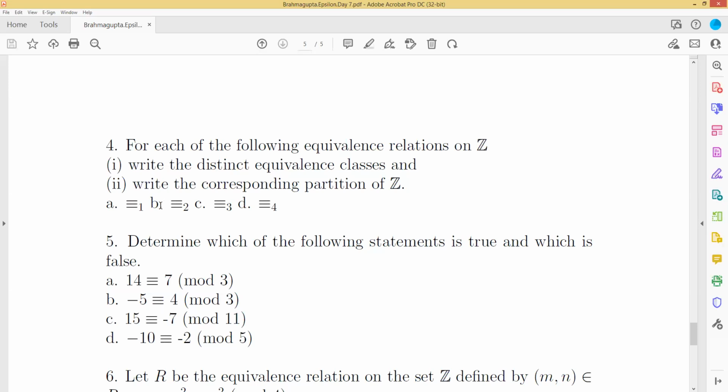Jayaditya? Sir, it will be all the integers. Well, let's see how you define this. What was our definition?